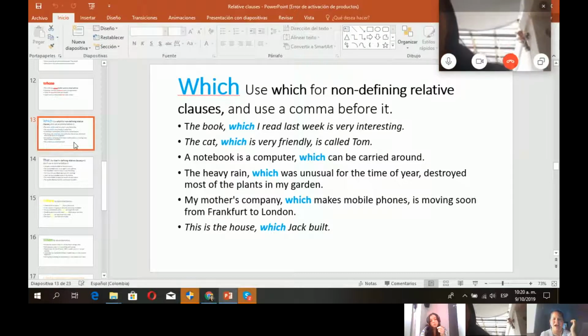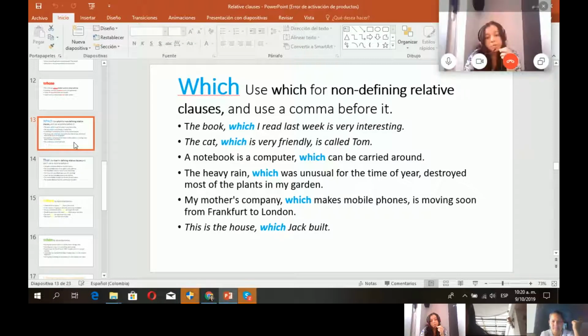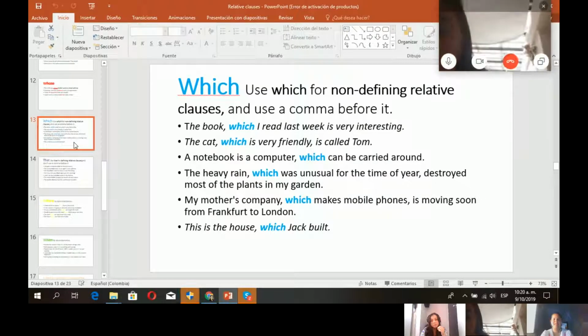Okay, Angie, please. My mother's company, which makes mobile phones, is moving soon from Frankfurt to London. And the last one, Maria. This is the house which Jack built. Okay, this is used for which.